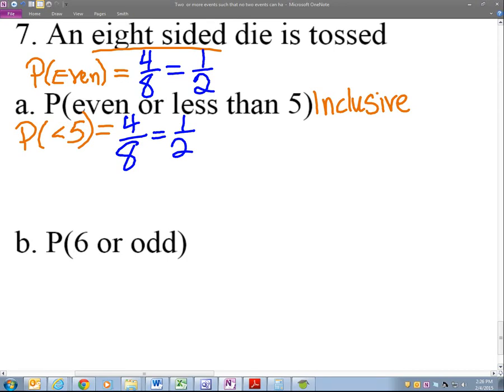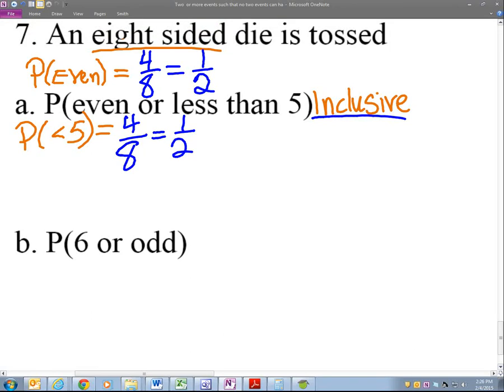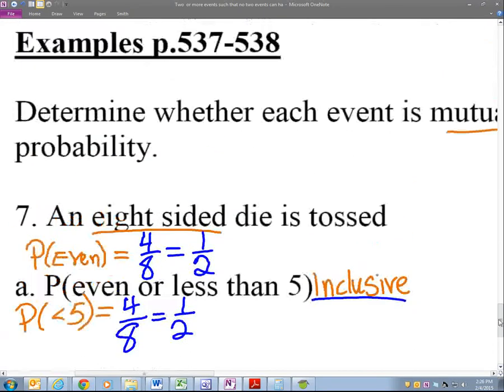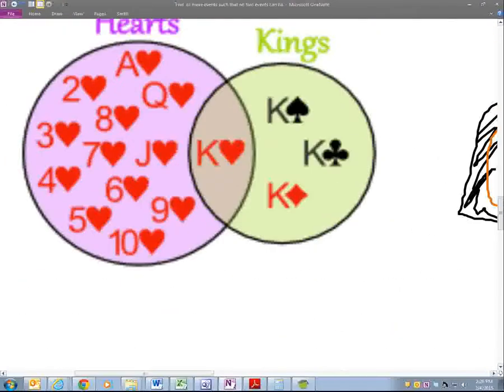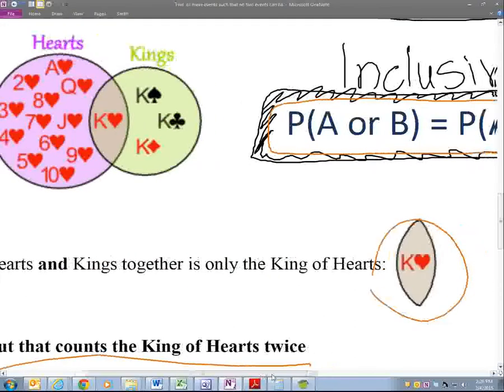Now, we have inclusive. Actually, I should say exclusive. Now we have to find, since it is inclusive, what I'm going to do is verify that I'm doing this correct.